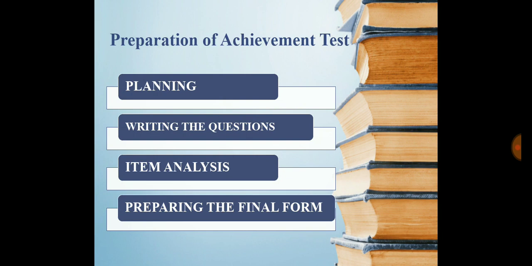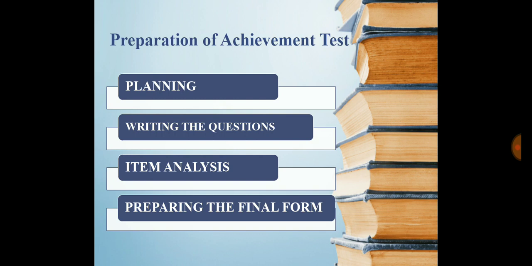Now, keeping all the characteristics in mind, we move on to the construction or preparation of the achievement tests. Construction of an achievement test is a sophisticated process requiring technical competence of high quality, deep understanding of the subject matter, and actual experience in teaching.